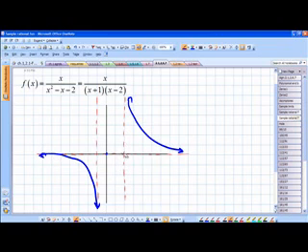Now in between, if x is a little bit less than 2, I'll have positive here, and slightly negative here, so positive over a little negative, which would mean I'll be negative, so I'm going to be down here. And then, as you can imagine, I'll be in this spot.